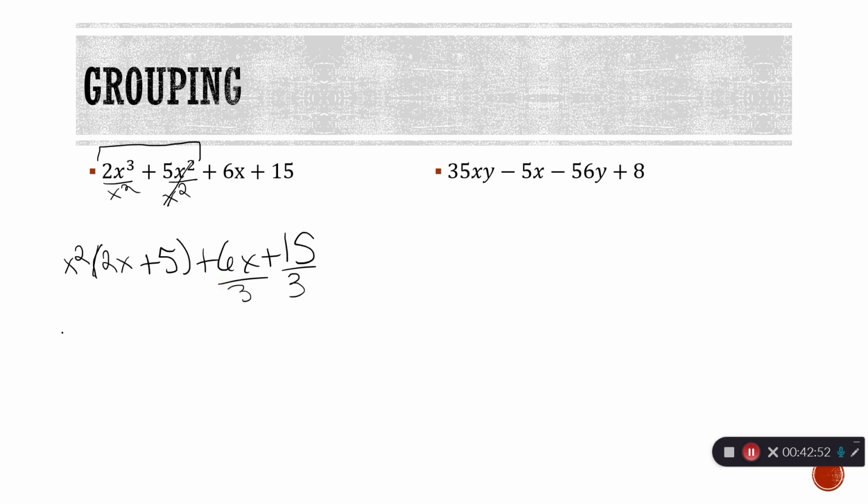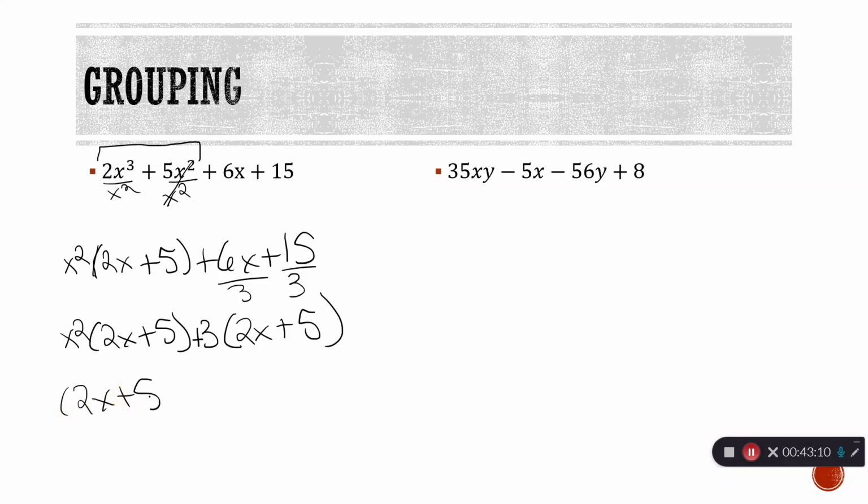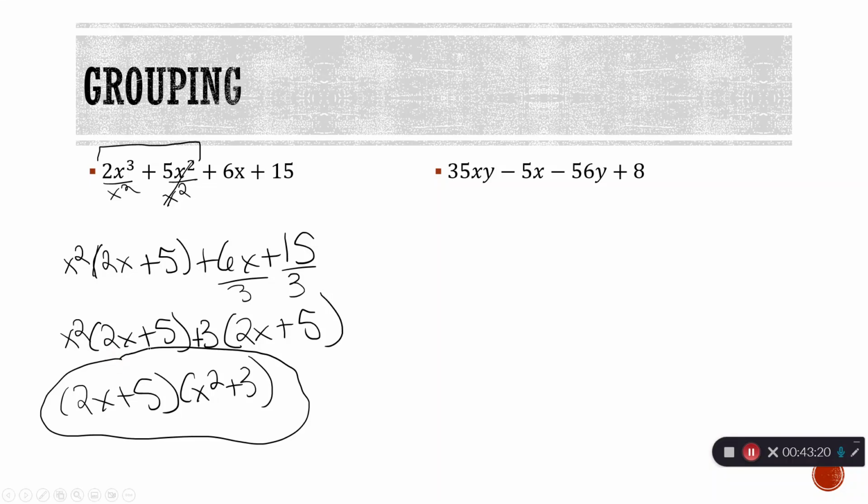Okay, so we have x squared, 2x plus 5, plus 3, sorry. 6x divided by 3 is 2x plus 5. So do you see how these match? So now pull that down. And then we're going to do x squared plus 3. And that's our two things.